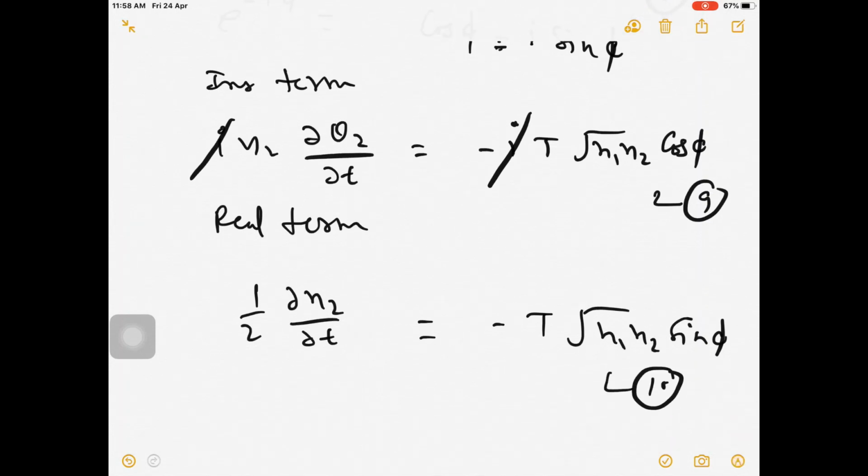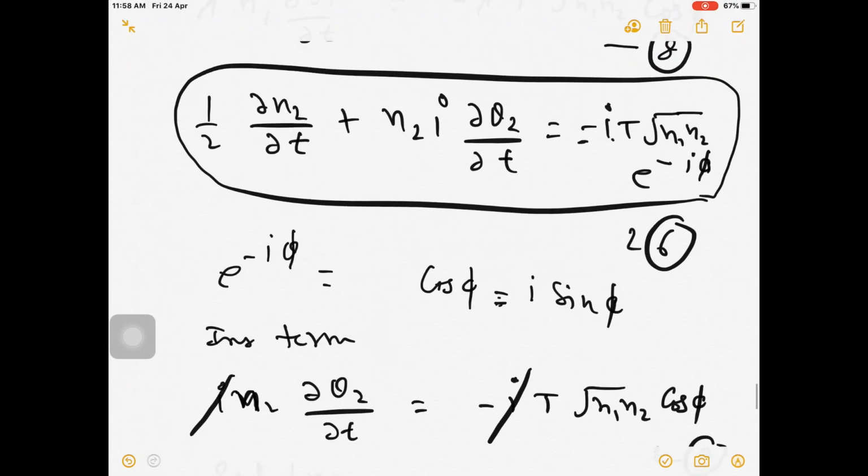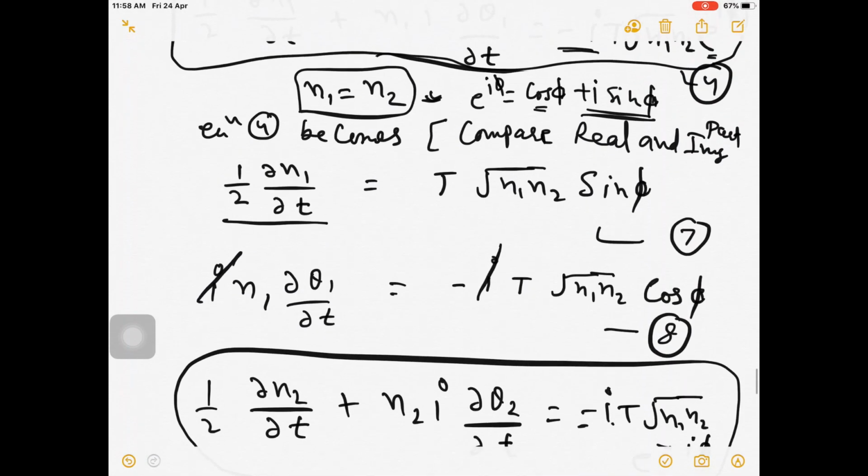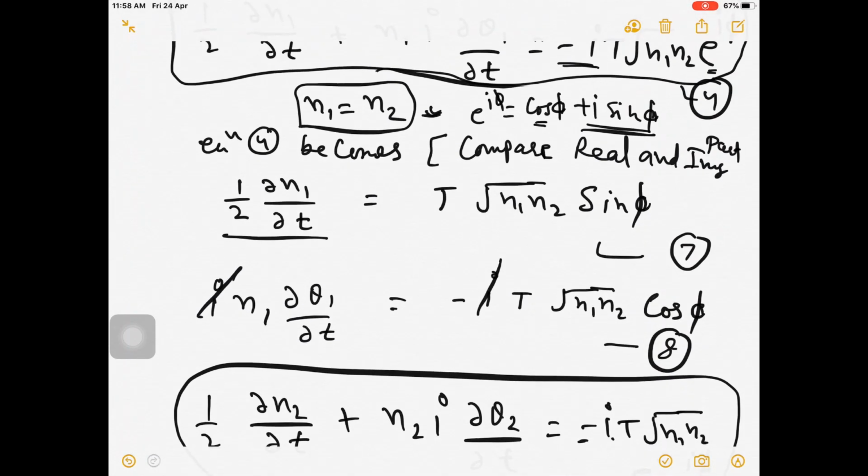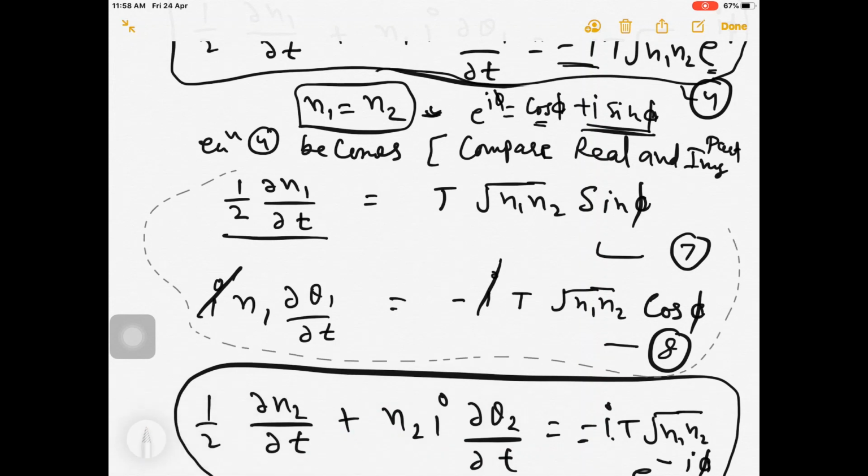So basically we now have 4 equations. As a result, we have obtained 4 equations: 2 equations are 7 and 8, and 2 equations are 9 and 10. I put these equations from here to the final result.